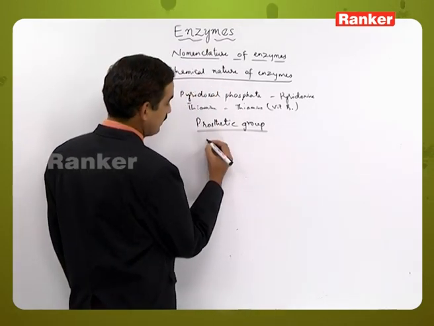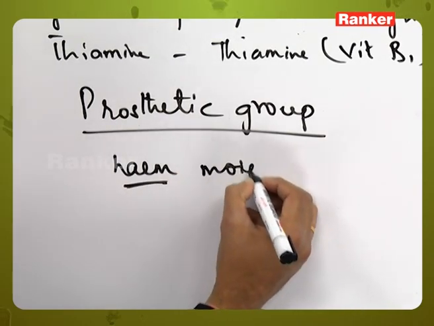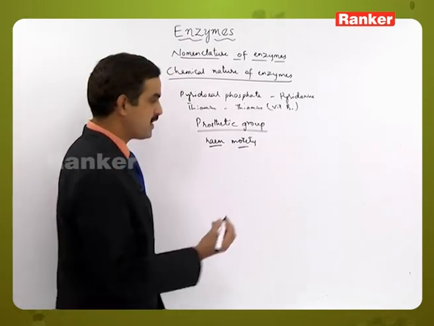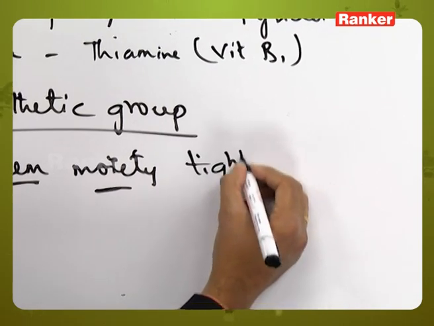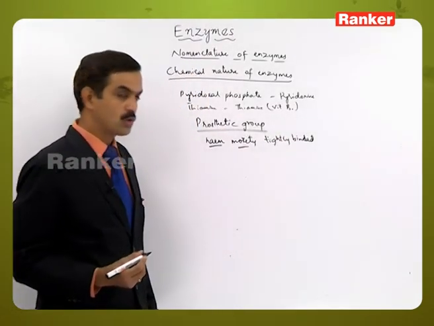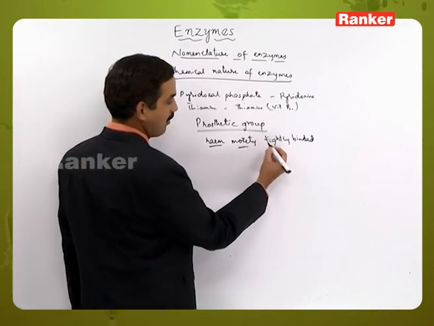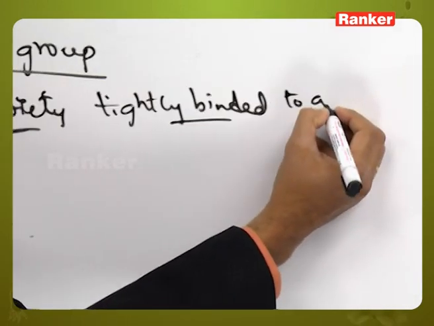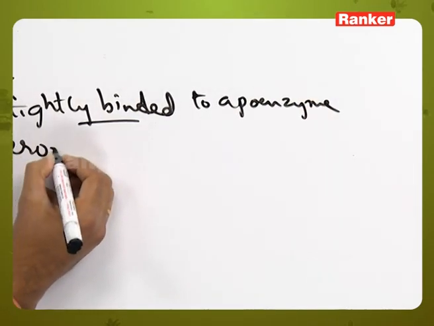Like the heme group or heme moiety, which is a prosthetic group tightly bound to the apoenzyme part in the peroxidase enzyme.